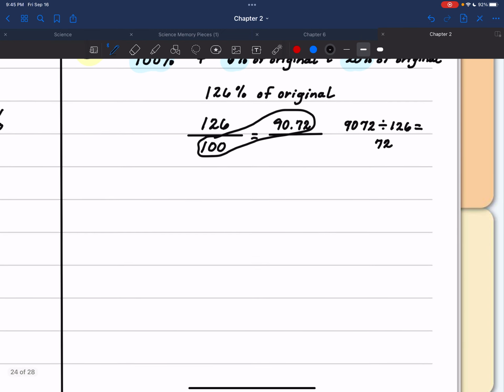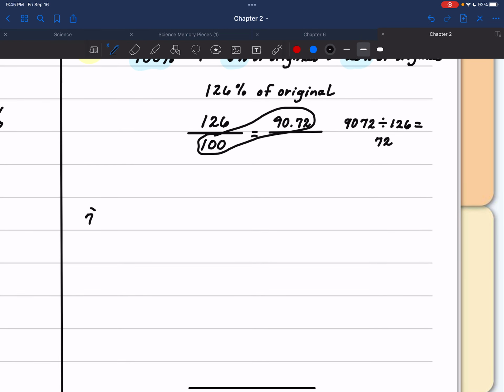All right, number 7. Which problem can be solved by finding 12% of a number? Option A says there are 28 students in a class and 12 of the students are women.